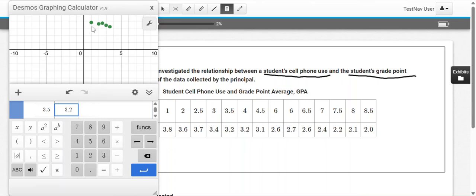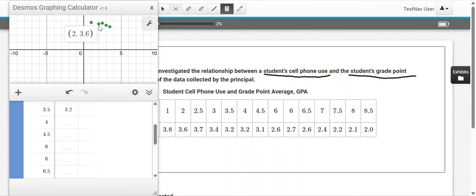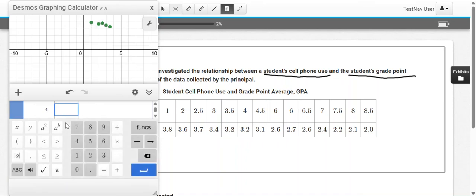And as I'm graphing it, hopefully you've seen that it's plotting those specific points that I have. For example, 3.5 goes to 3.2, that's the data right there. Okay. 4 goes to 3.2, 4.5. I'm just being very careful here because one number could change everything.